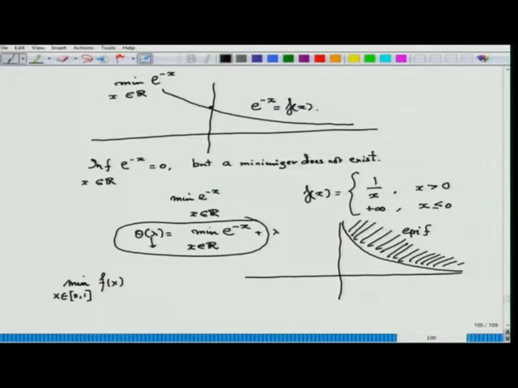It rapidly declines to 0, but there is no x for which it goes there. So, what happens here again is the infimum of f of x over, not 0 to 1, sorry, maybe for your convenience I will make this R plus.